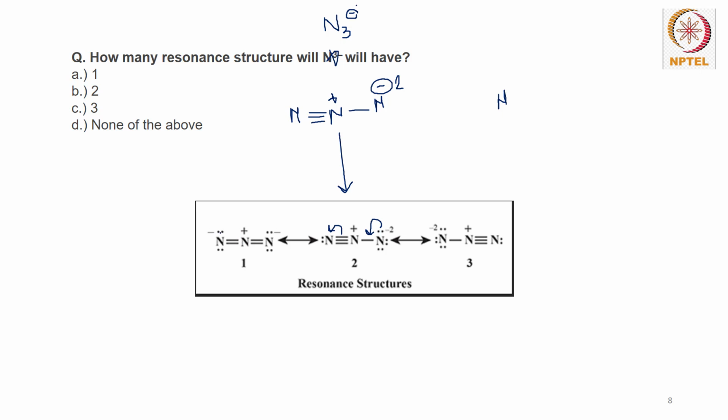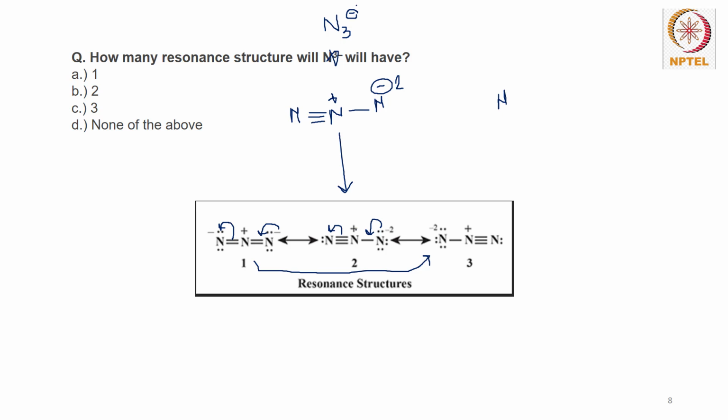Now it has 1 scarcity of bond, so that is negative, so it is 2 negative. And another probability is, if it gives another electron and it goes here, then we will get this structure.